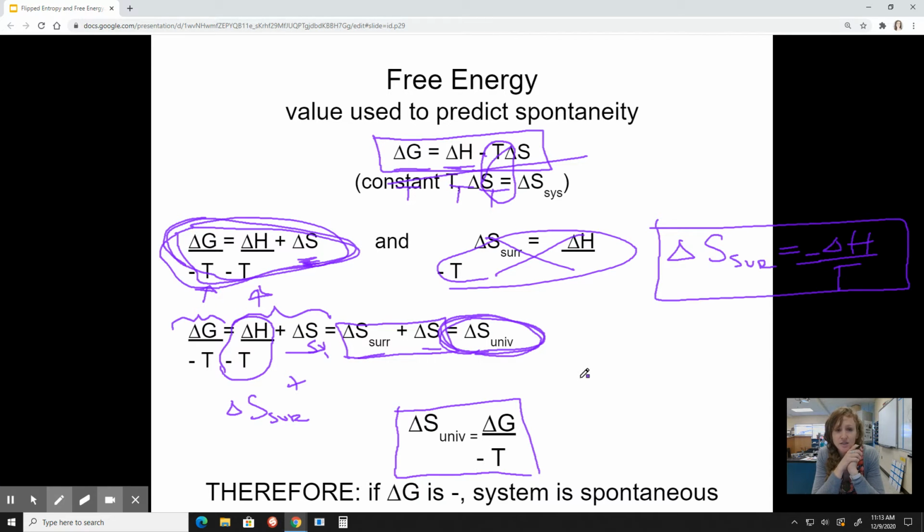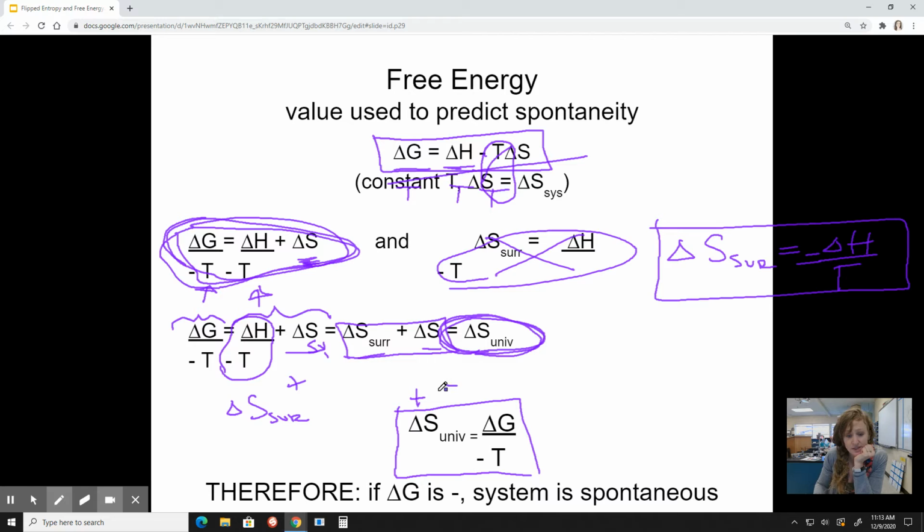So notice something here. If the system is spontaneous, what is the sign of delta S of the universe? The sign of delta S of the universe is positive in a spontaneous system, right?